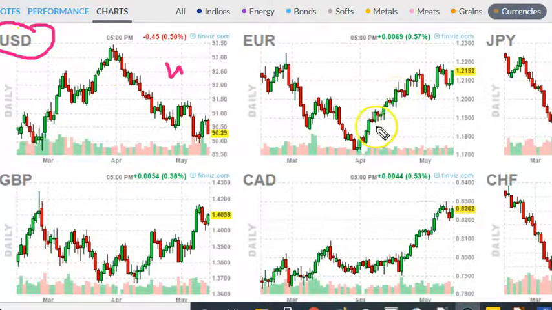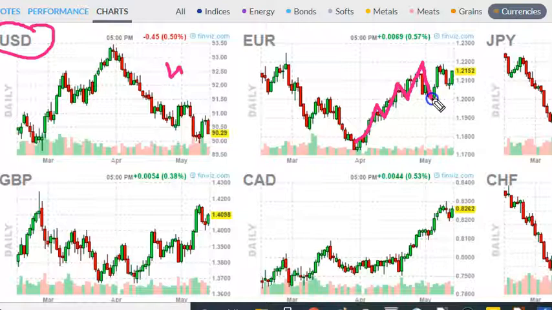Now let's go to the euro. You can see euro is the opposite. Basically, it's made higher highs, higher lows, higher highs, higher lows, higher highs. Basically I'll call this a higher high because it did not go below this previous low. Okay, so again, it makes a higher high for sure.